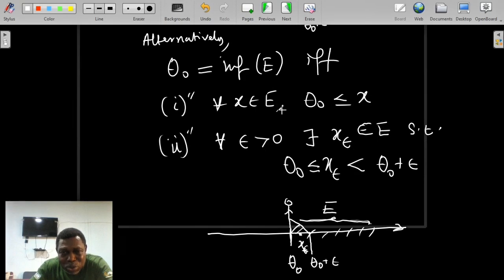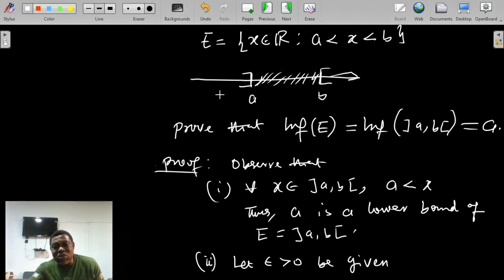So if I'm able to show that these two statements hold, then we'll conclude that theta naught is the infimum of the set. These are the formulas for showing that theta naught is the infimum. So that is what I'll do now.